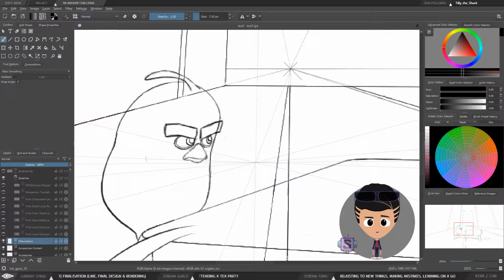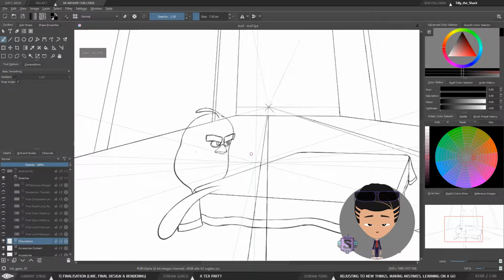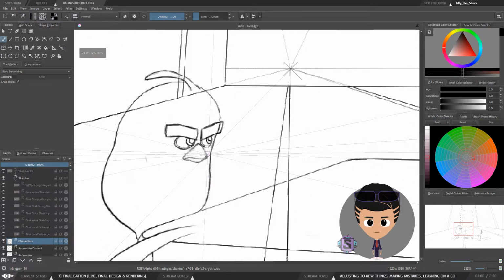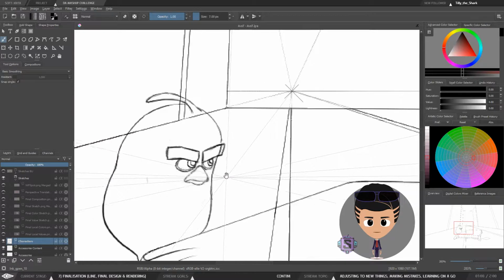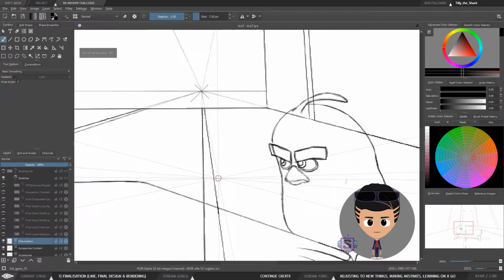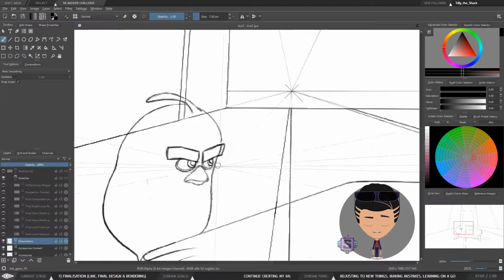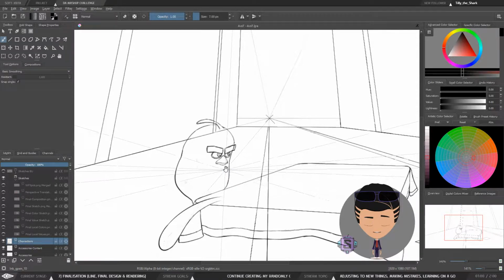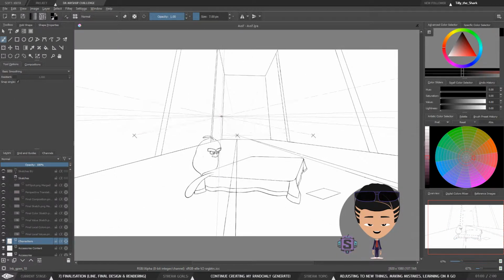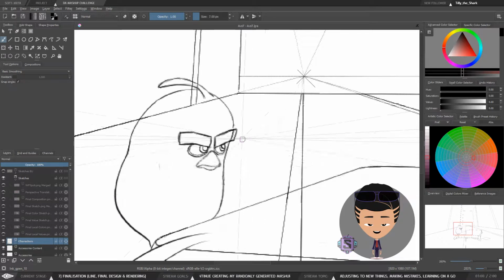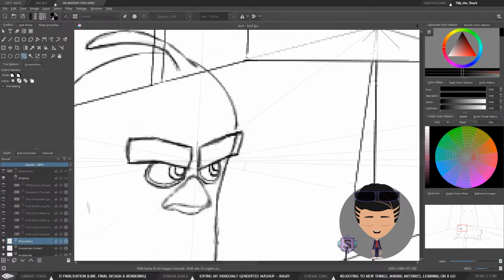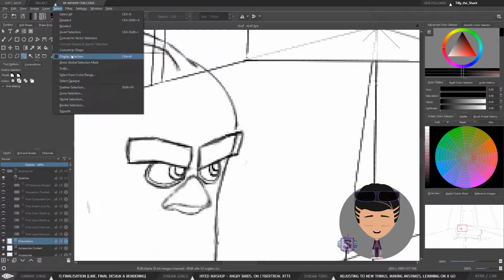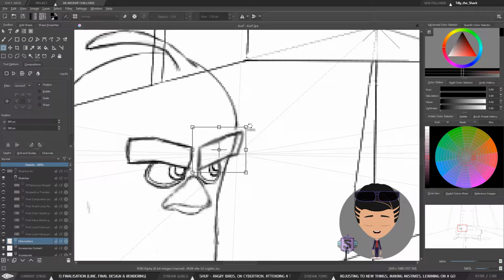It looks like an in between expression, but this one looks more like the actual expression, the finished one, or the extreme one, not the in between expression. Let's get back our selection.